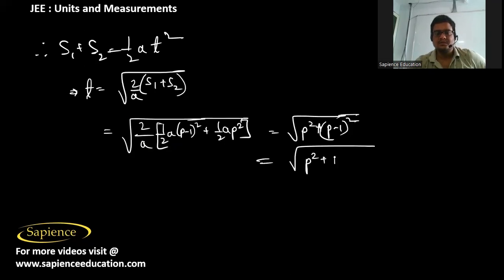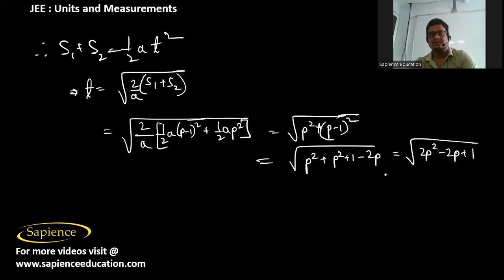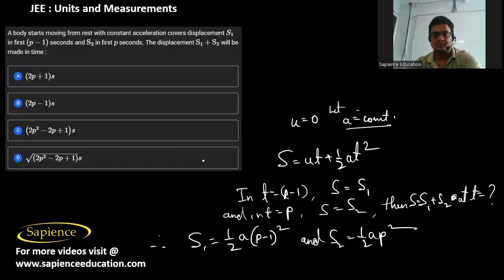That is p square plus p square plus 1 minus 2p. So this will be square root of 2p square minus 2p plus 1. So in this time, the displacement will be s1 plus s2. So option D is the correct answer.